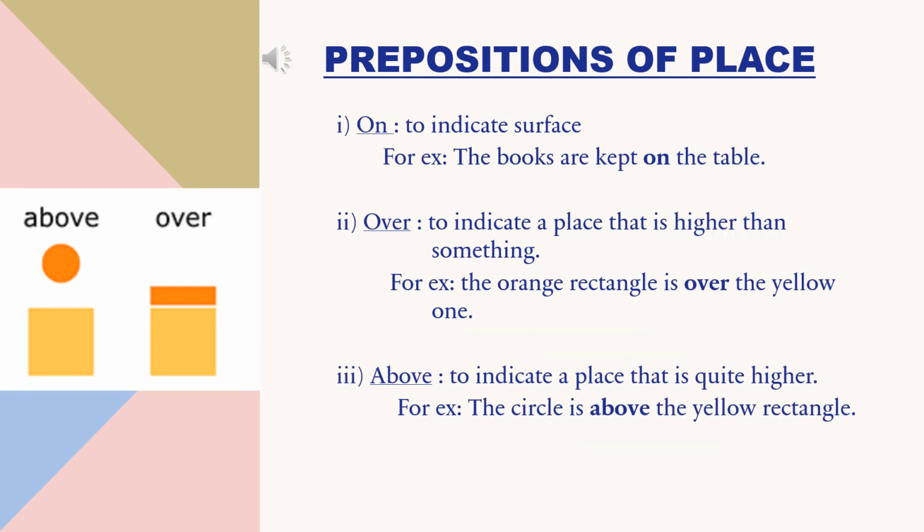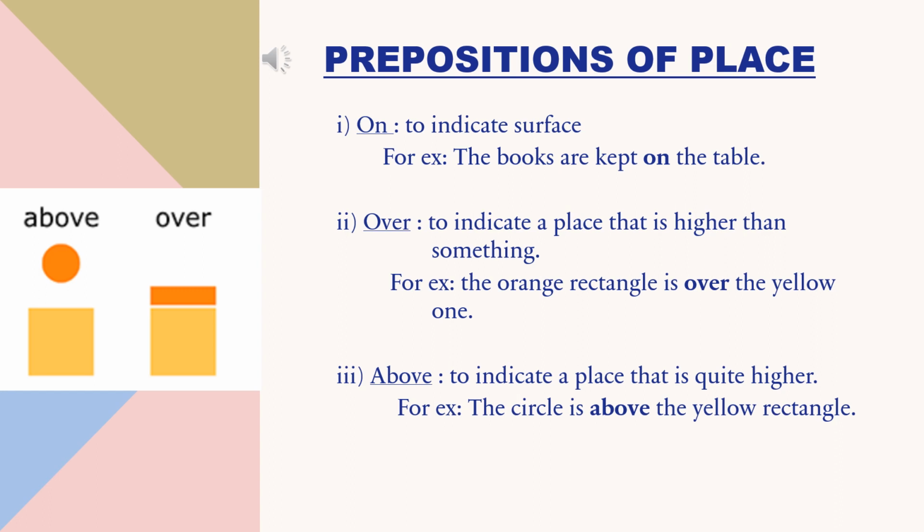Now, we have three prepositions that all indicate that an object is placed at a higher level with respect to the other object. And students generally get confused in their use. So, let's discuss them in detail. The first one is on. And as we have already discussed, it is used to indicate the surface.